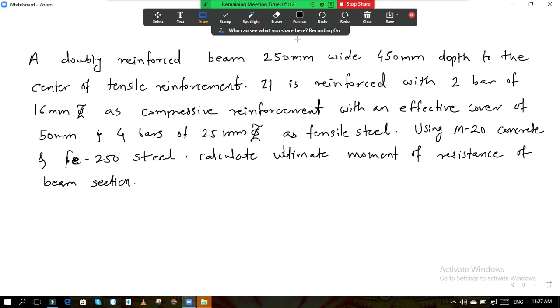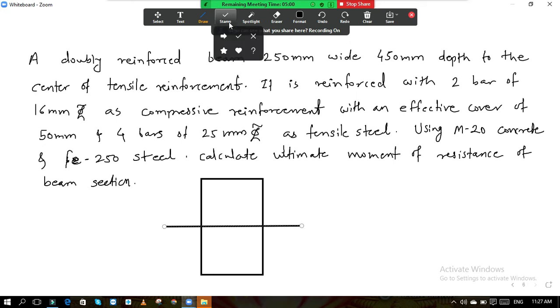Now, if I draw the diagram over here, see this is our section, then this is the neutral axis. So now what is the given data? They have told us there are 2 bars of 16 mm diameter.